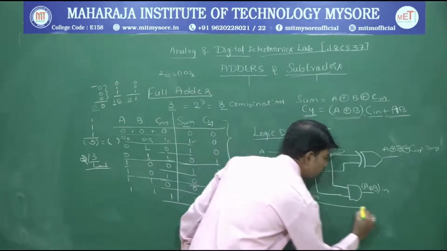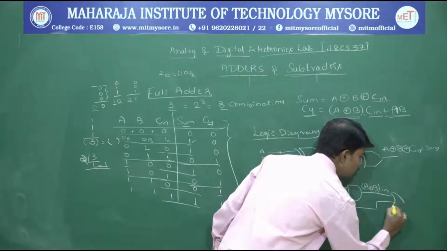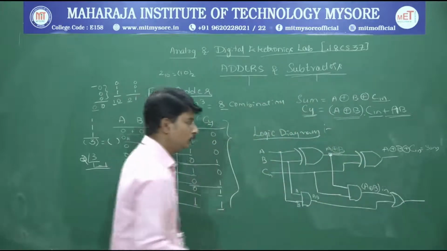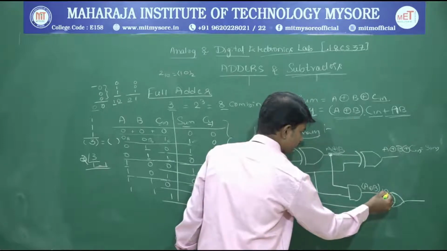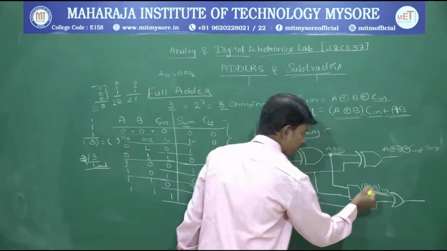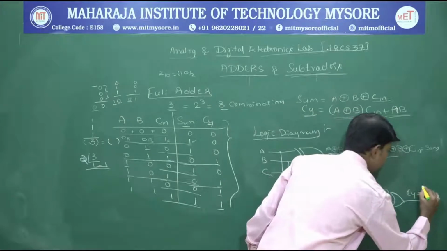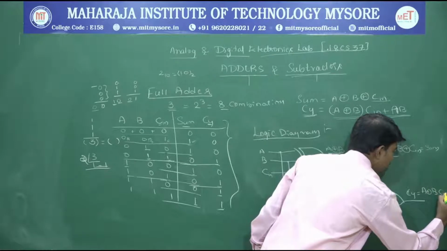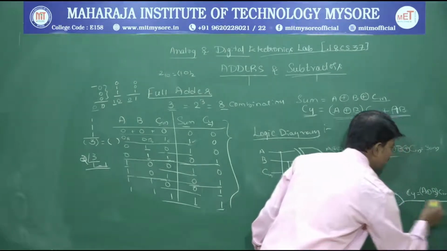So now what I am going to do is, I will just use an OR gate, which will add these terms, carry, which is equal to A XOR B into C in plus AB.